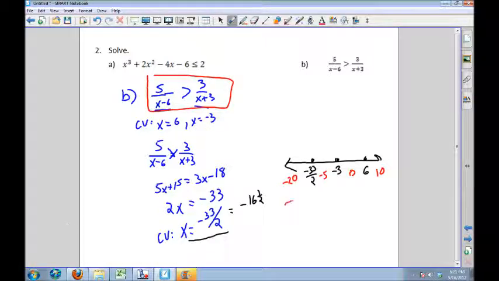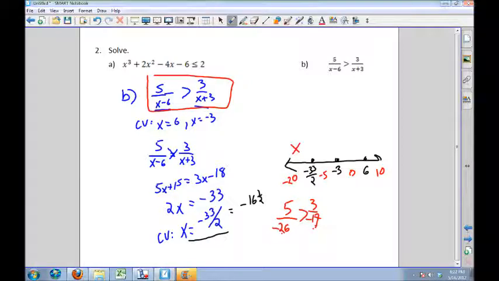When I do that, I end up with 5 over negative 26 being greater than 3 over negative 17. If you're unsure whether that's true or not, you can type them into your calculator. It turns out that this is actually more negative than this, which makes this larger. So this is not true. This interval will not work.